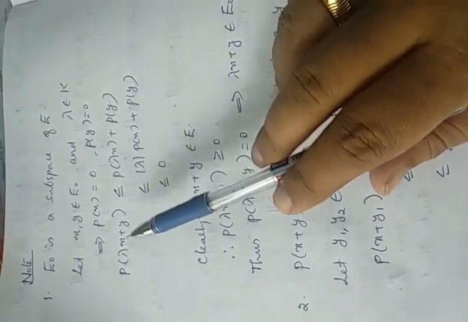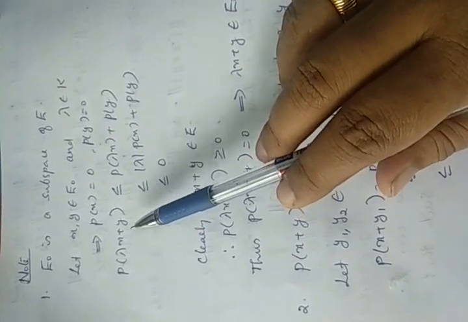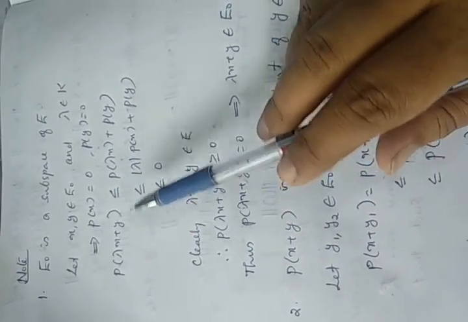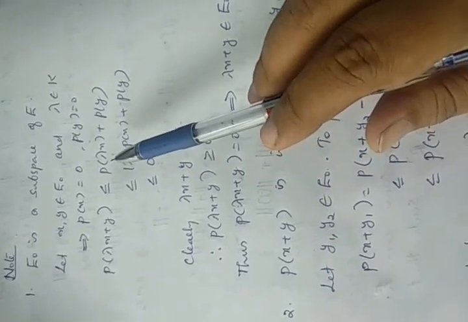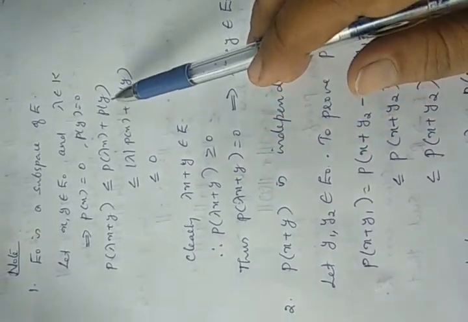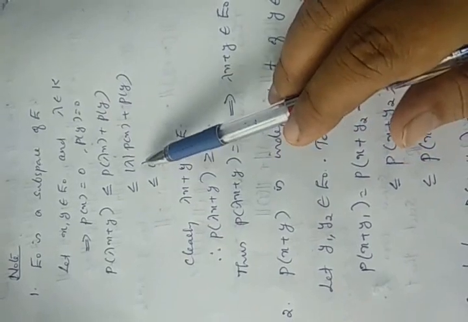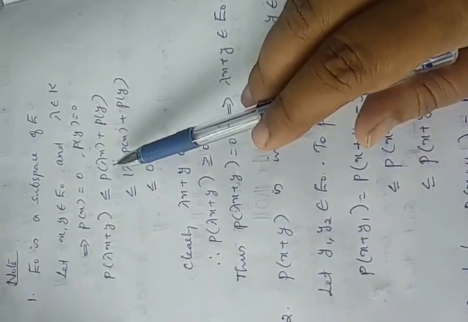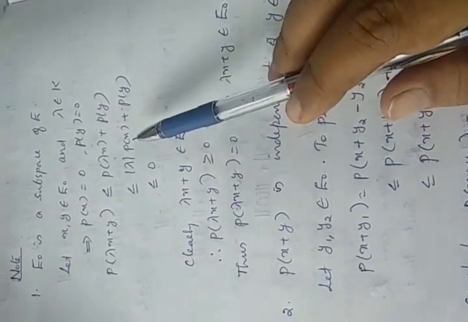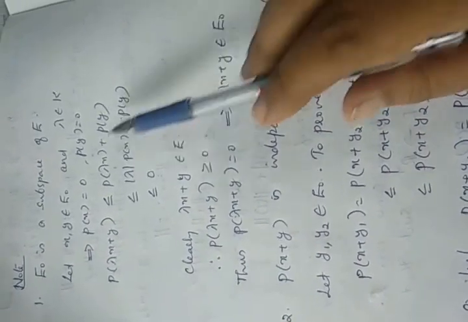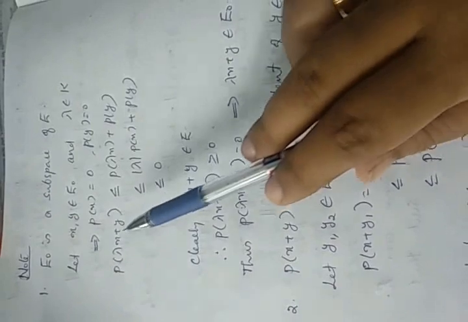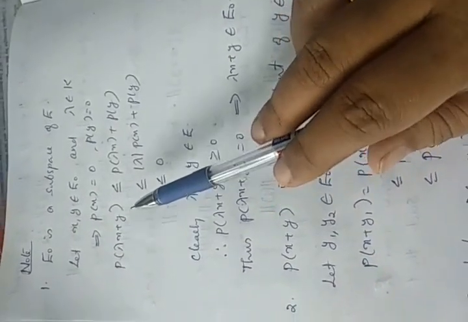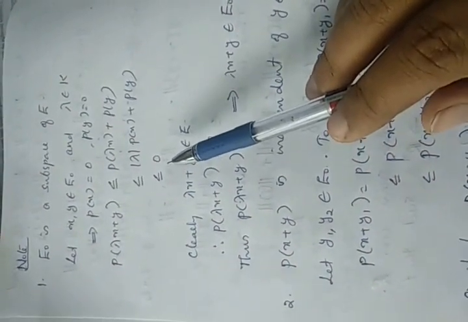So, we consider P of lambda x plus y, and by the property it is less than or equal to P of lambda x plus P of y, and this is equal to mod lambda into P of x plus P of y, and P of x and P of y are equal to 0. So, we will get P of lambda x plus y is less than or equal to 0.